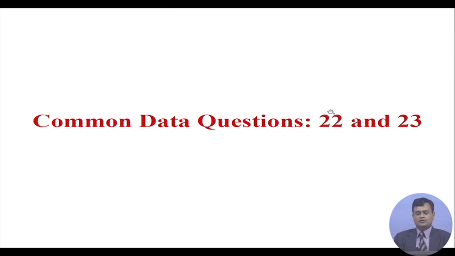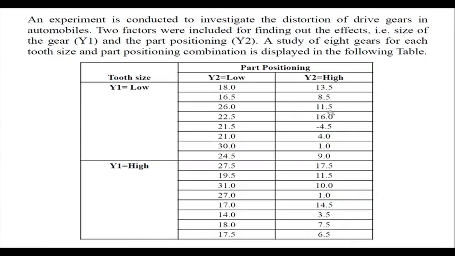Now, you have common data questions. Questions 22 and 23 are based on the same data. An experiment is conducted to investigate the distortion of drive gears in automobiles. 2 factors are included for finding out the effects: size of the gear y1 and the part positioning y2.